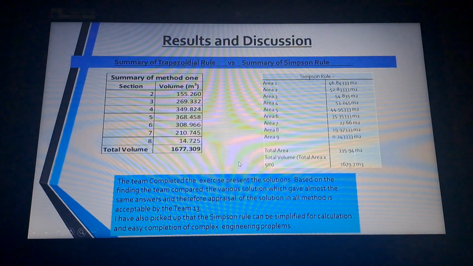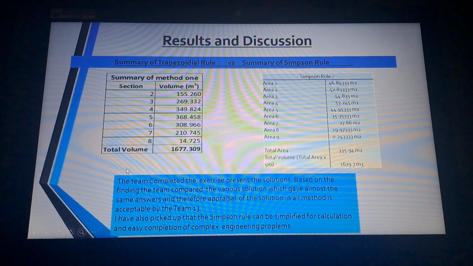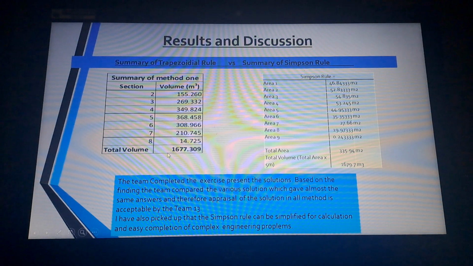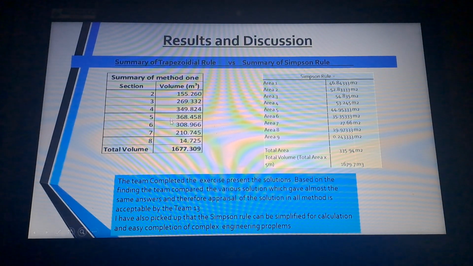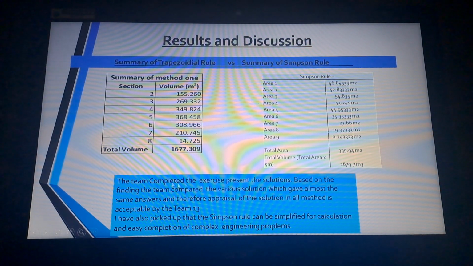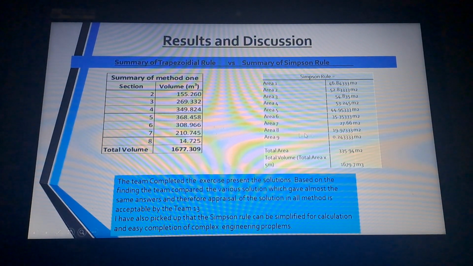We took all the 9 sections under the Simpson rule, and for the trapezoidal we used 8 sections, to work out the total areas plus the total volumes of the cut material that needs to be removed from the pond.